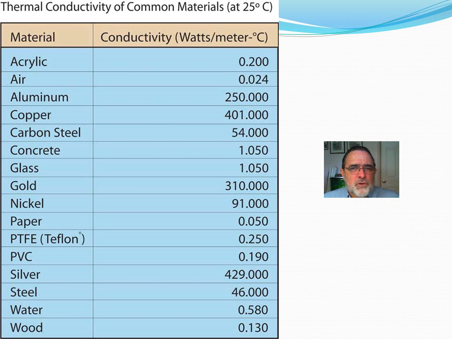Here is a short list of conductivities of various materials that you're going to need to understand before we get to that complex picture I was talking about. Not listed is bakelite, which is what we're going to be looking at, a plastic used for more than a century now. It was first marketed in 1907.